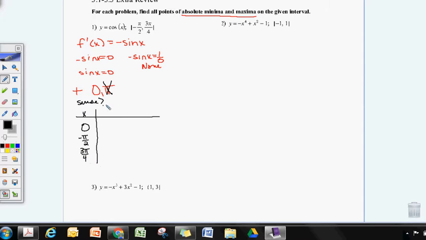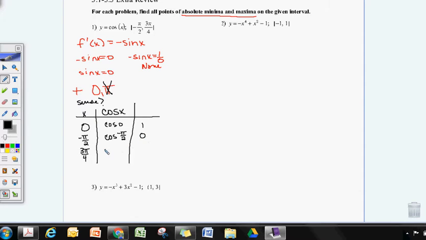Remember, in this case, you're plugging it into the original function, which is cosine of x, and you're finding your y values. So when I put 0 into cosine, I hopefully know that my answer is 1. When I do cosine at negative pi over 2, my answer is 0.